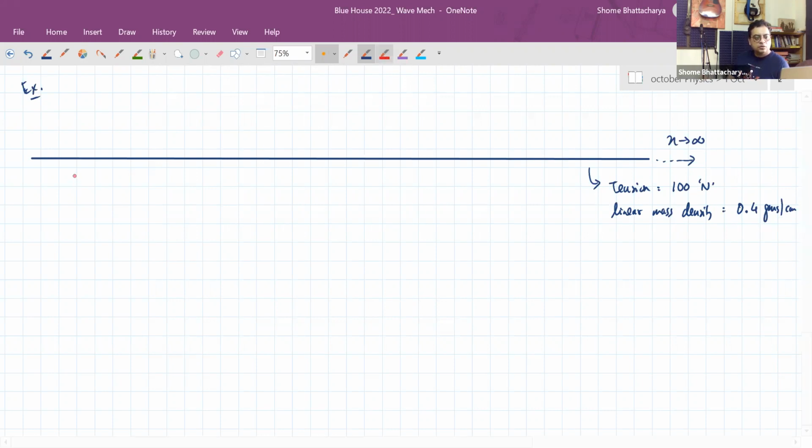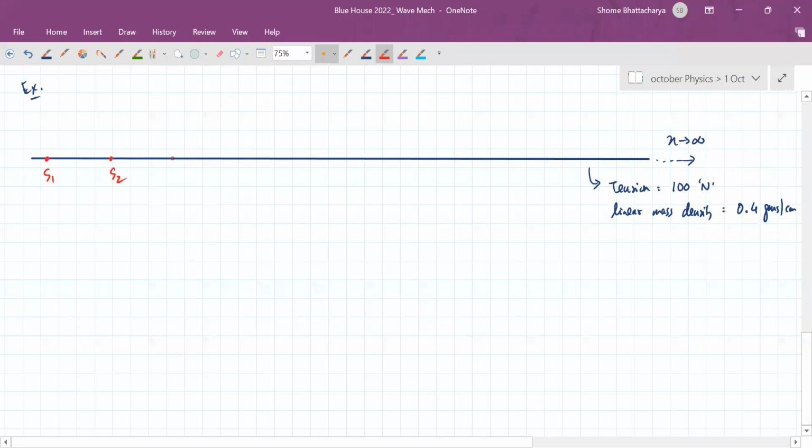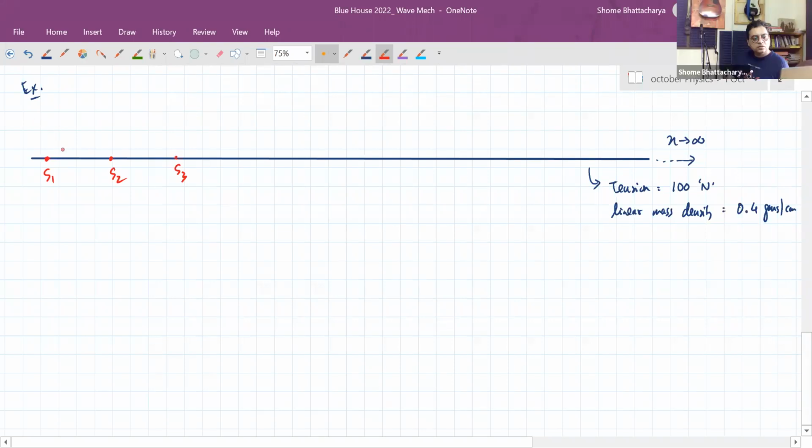Now there are three sources, S1, S2 and S3, which are equidistant from each other.